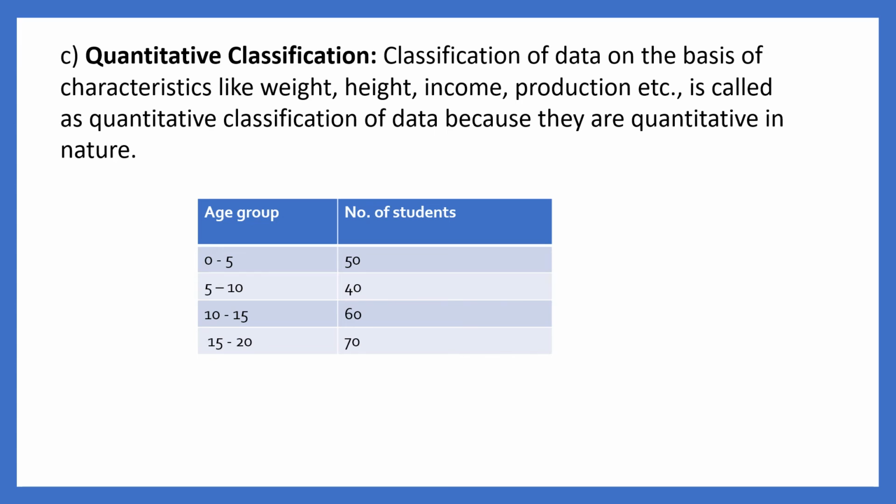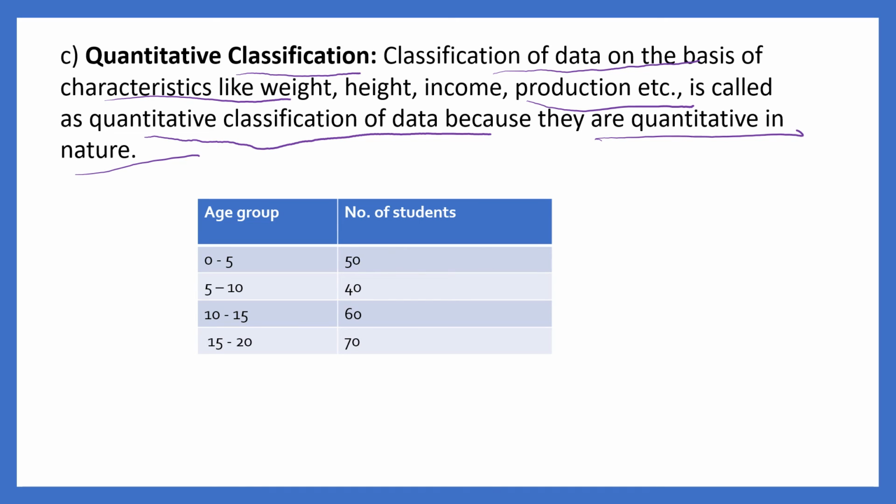Next one is quantitative classification. If classification of data is on the basis of characteristics like weight, height, income, production, etc., it is called quantitative classification of data because they are quantitative in nature.